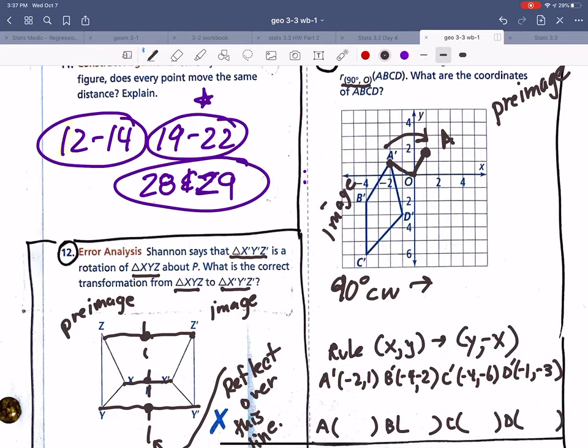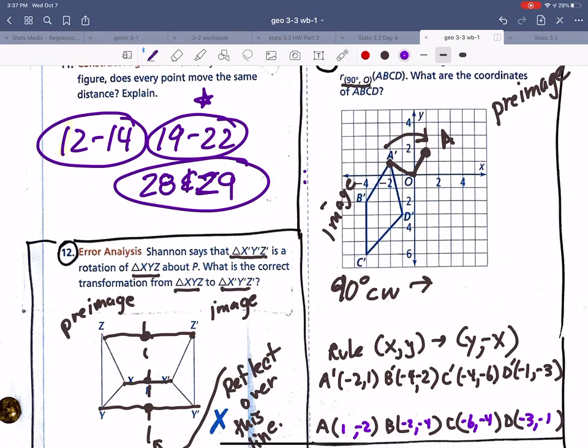So following the rule, I need to put them backwards, switch the spots, and then change the sign of the X. So let's just do the switch the spots first. So switch places, switch places, switch places, switch places.